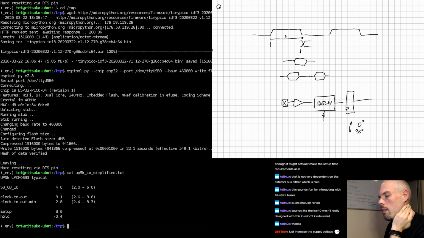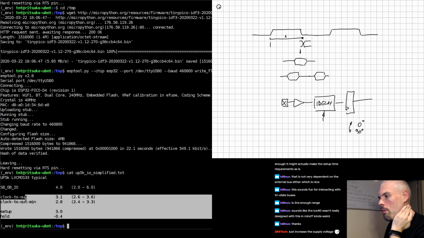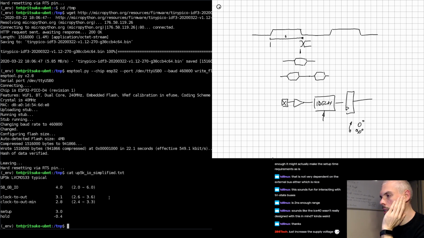And all the timings that I listed here are typical or worst case timings, but you can actually get better. In the best case, the setup time is not 3 nanoseconds; it's more like 2 nanoseconds. Same thing for the HyperRAM datasheet.